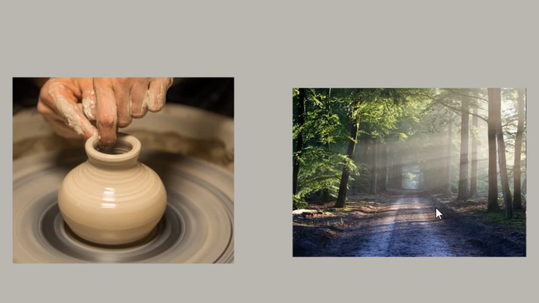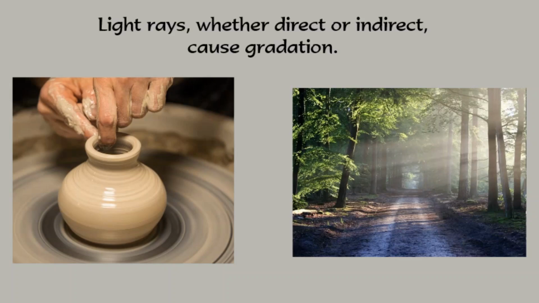And it causes us to see atmosphere, various kinds of atmosphere in nature, whether it's atmosphere caused by how the sun rays are coming through, or how a fog is falling, or simply a clearer atmosphere that shows us how things move into distance. So we can safely say that light rays, whether direct or indirect, cause gradation.